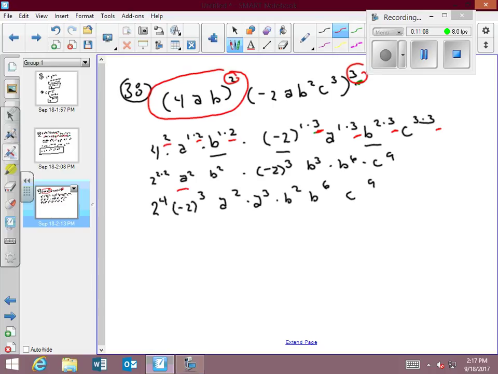You see what I take, this one, that a squared, I take that one and that one, I get these two next to each other. When I take this one and this one, I get these two next to each other. And when I take this one, I get that.